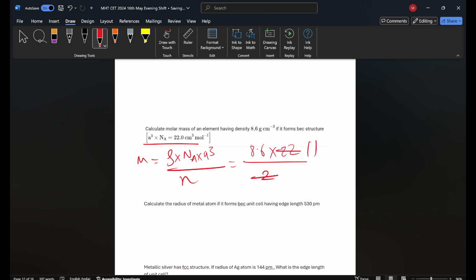So 8.6, let's do it here. 8.6 into 11. 8.6, 86, 6 plus 6, 6, 4, 1, 9. Right? Let me cross verify.